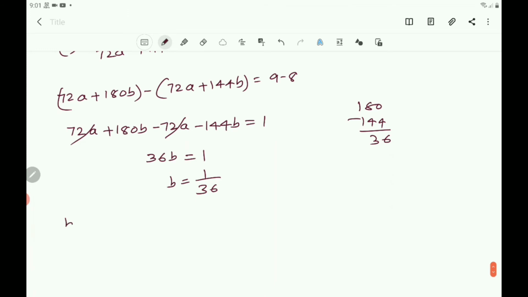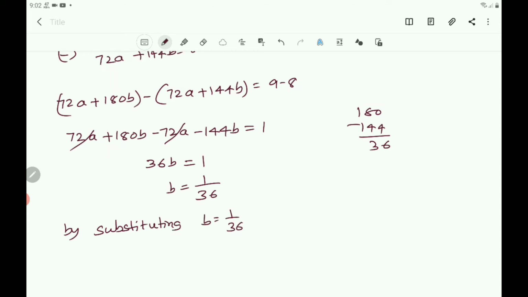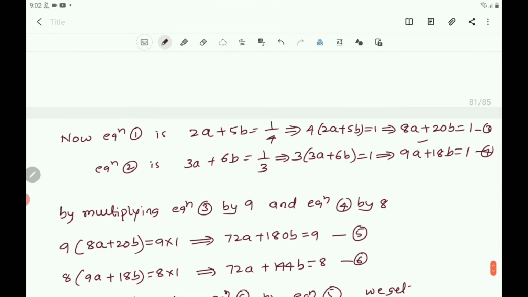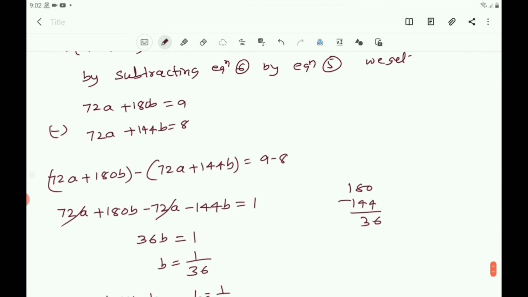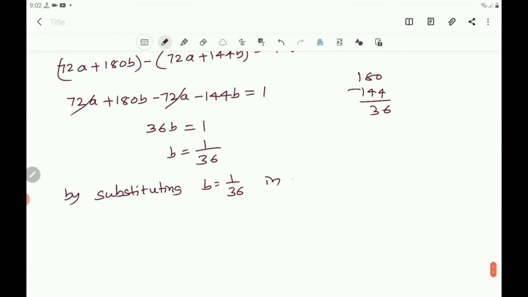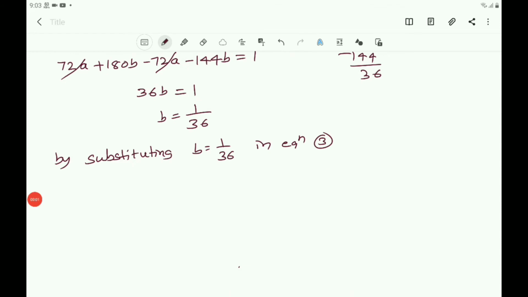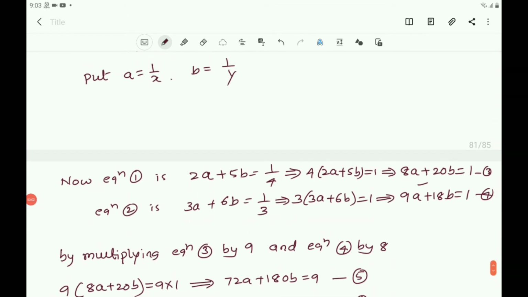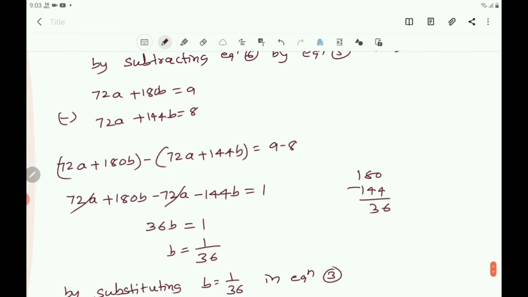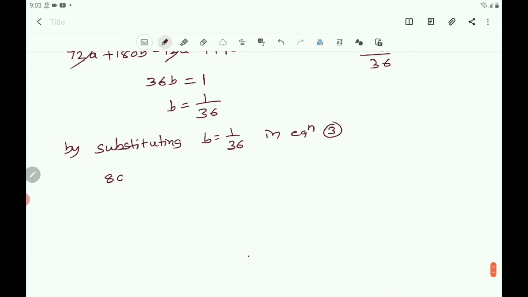So by substituting b equals 1 by 36 in equation 3, write 8a plus 20b equals 1.